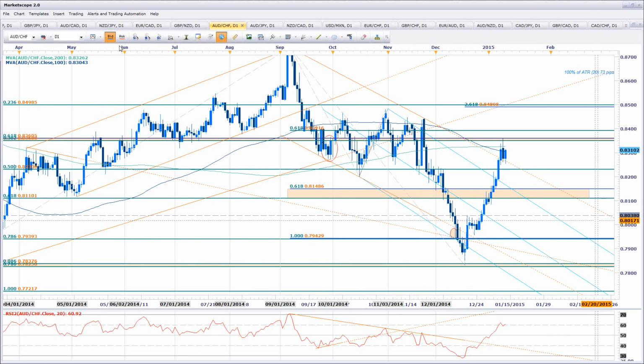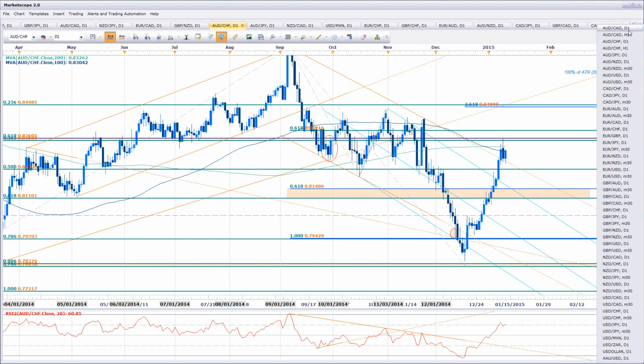Wow, she is tight. Aussie Swiss. See what the intraday looks like. Focused on 83.60.